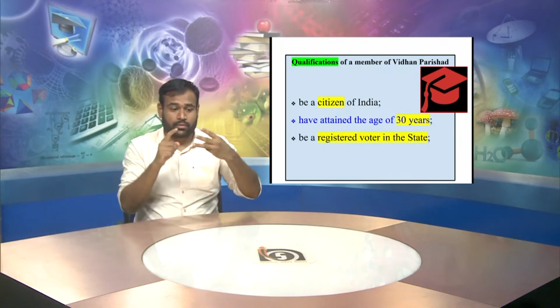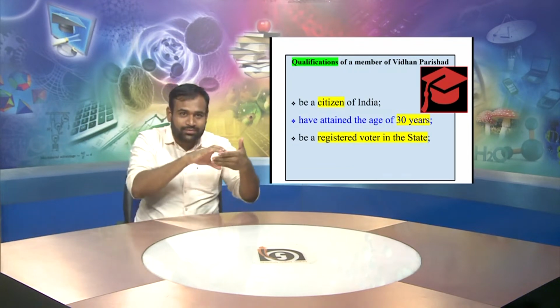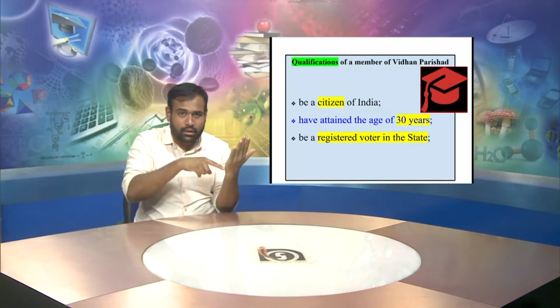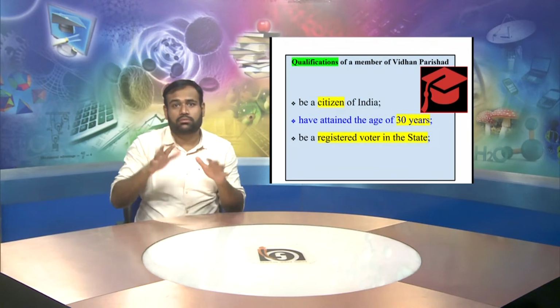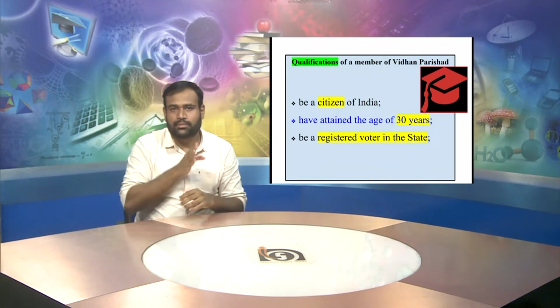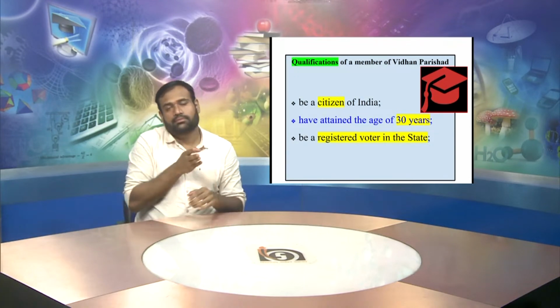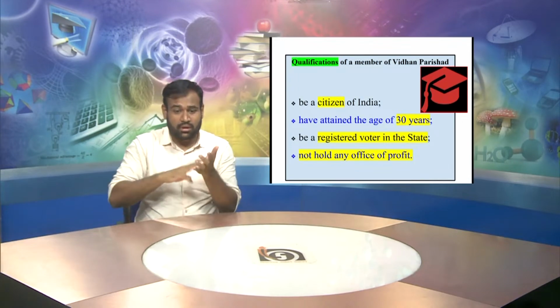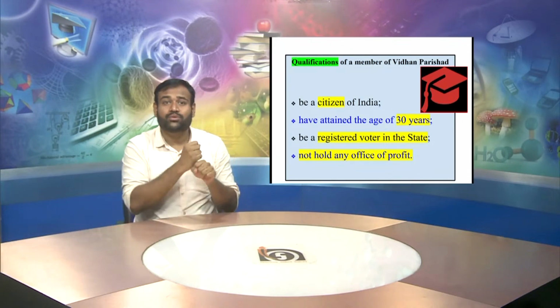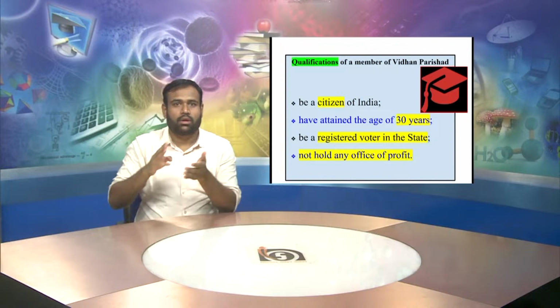Also, the person has to have attained the age of 30 years and be a registered voter in the state. Along with that, the concerned person should not hold any office of profit.